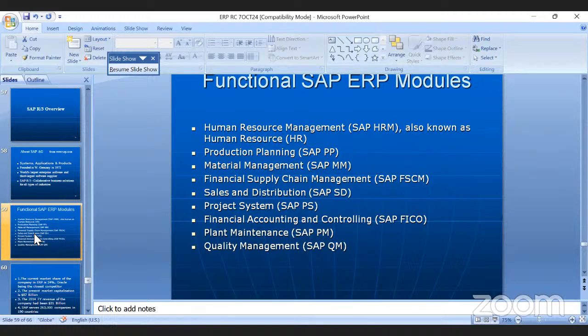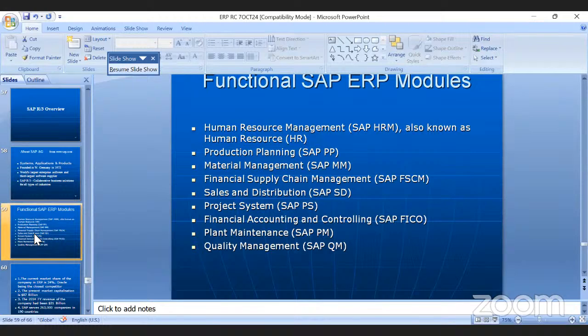Then there is materials management, financial supply management, and sales and distribution, from order to delivery: lead generation, order management, customer service, or CRM. All these are used in sales and delivery, and then plant maintenance and quality management.